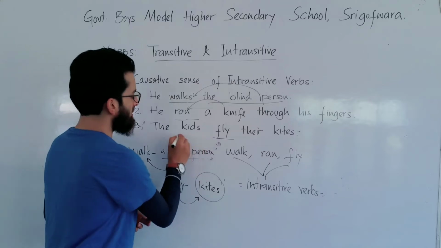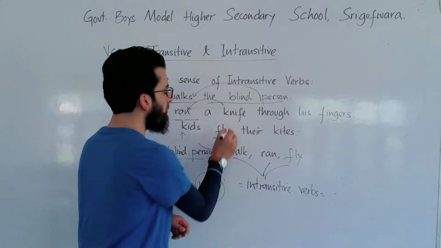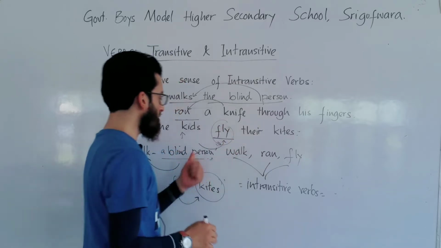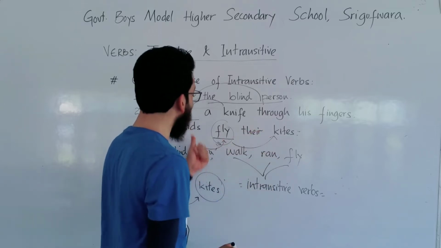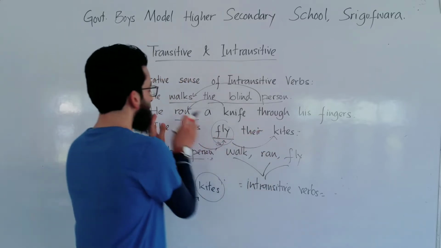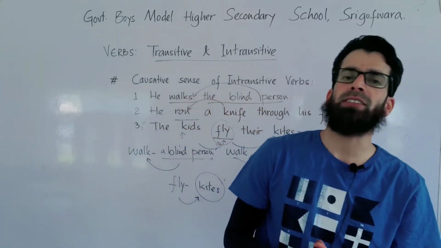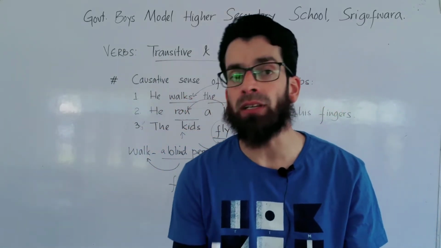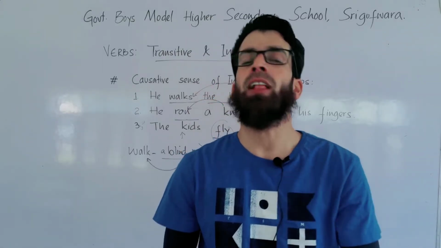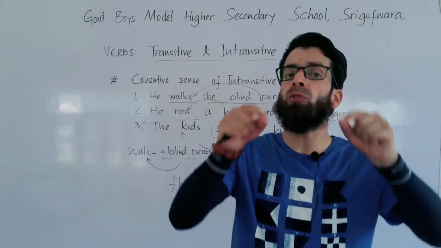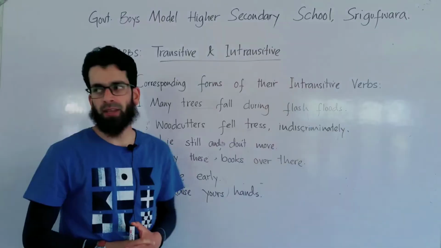So the kids are the subject, and the control of flying is with the kids, and they are operating kites. Here the action passes over from the subject to the object. In this way an intransitive verb can function like a transitive verb if you use that intransitive verb in a causative sense.